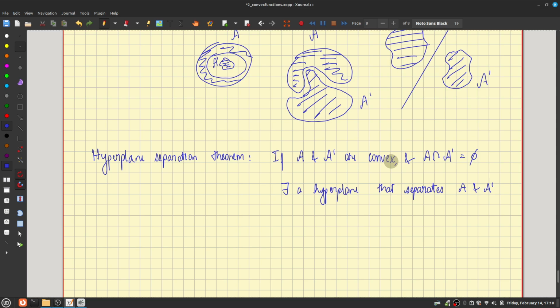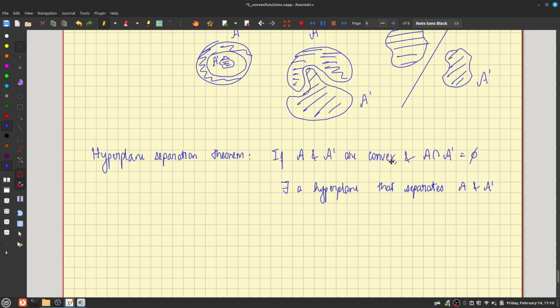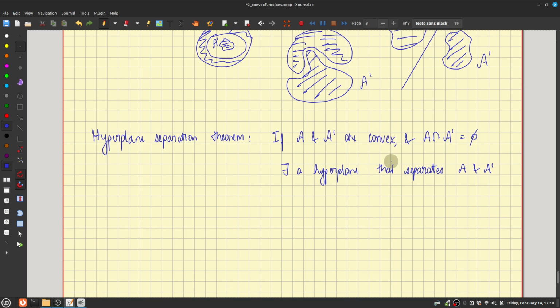Because it could include everything around A. But for instance, a half space is convex, right? The complement is another half space which is also convex, and the hyperplane that defines this half space is itself a separating hyperplane that separates A and A complement.